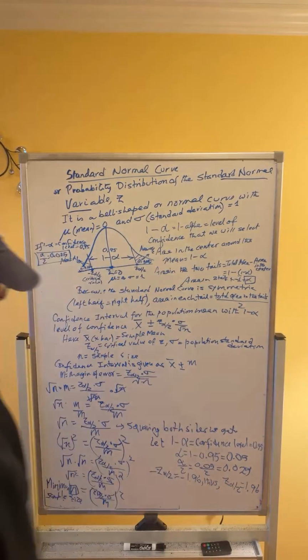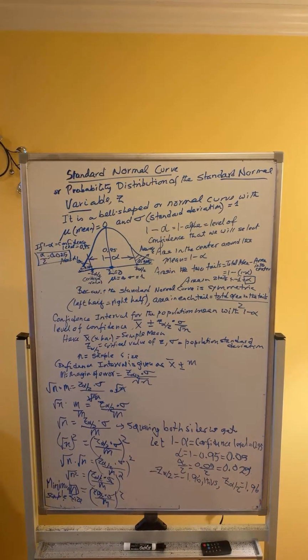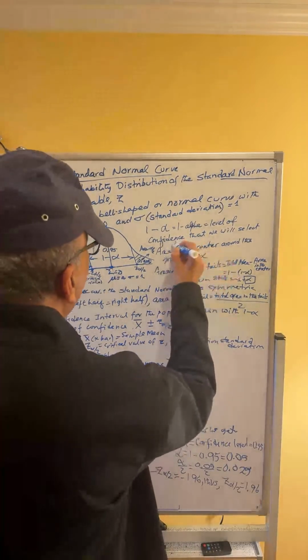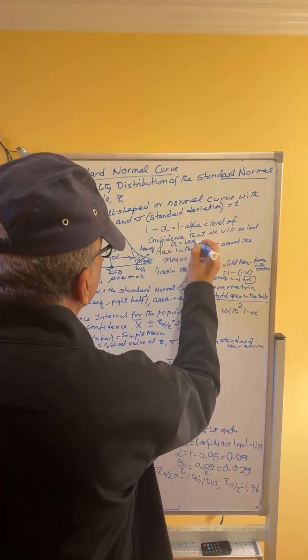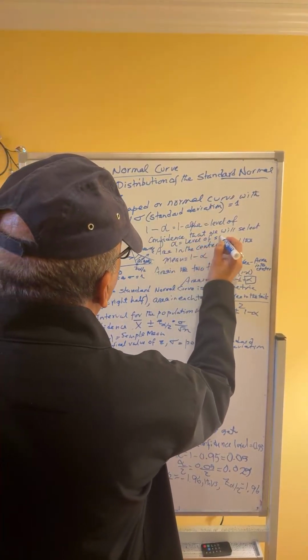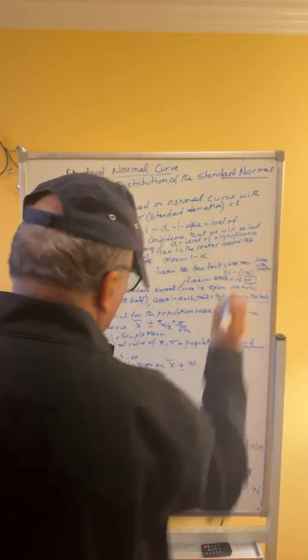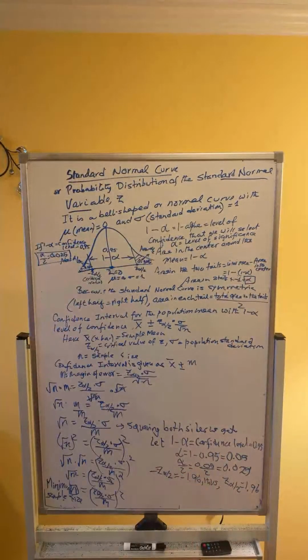This is when alpha is 0.05 and alpha by 2 is 0.025. Alpha is also known as the level of significance. So negative z alpha by 2 is negative 1.96, and positive z alpha by 2 is 1.96.